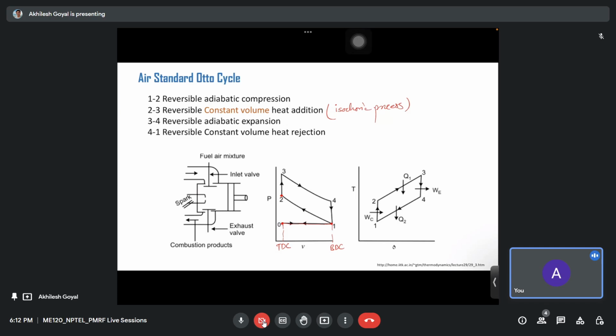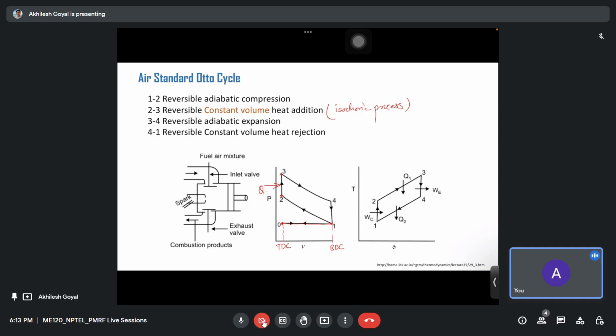Here we are talking about the Otto cycle, so it is an air plus fuel mixture. At point 2, when the air plus fuel mixture is compressed, a spark is generated between the spark plug terminals. That spark causes the burning of fuel, which means heat is supplied to the air fuel mixture. From point 2 to 3, the heat Q1 is supplied.